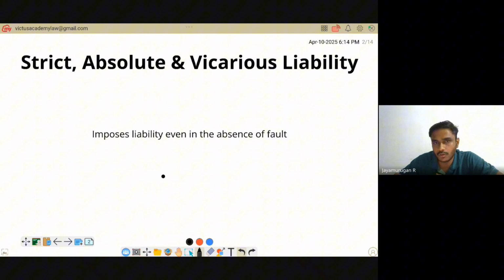But today, the kinds of liability that we are going to deal with hold the tortfeasor accountable for the act so committed, even if there is no actual fault on the part of the tortfeasor.